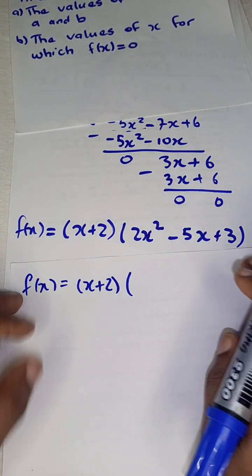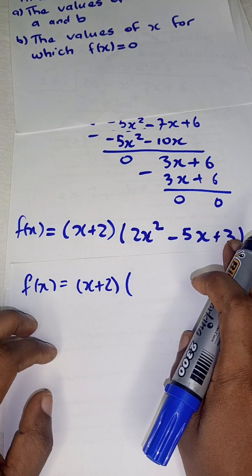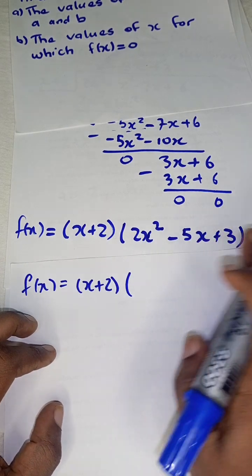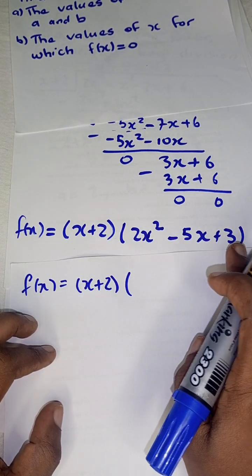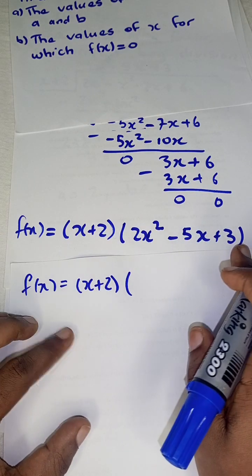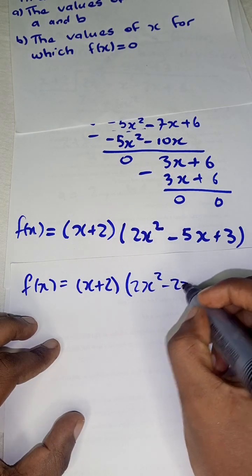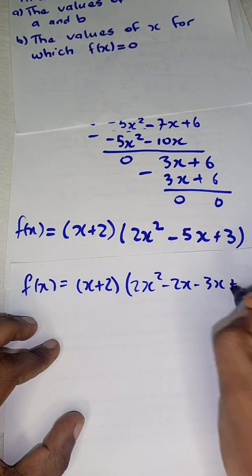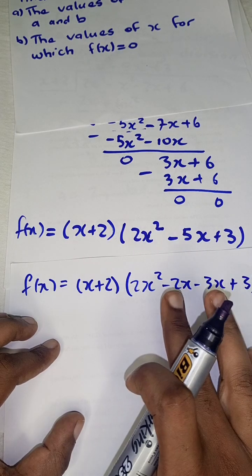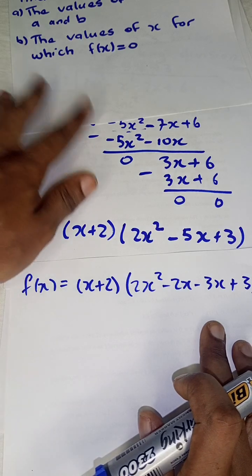Factorizing this quadratic, we are looking for factors of positive 6 which when added will give us negative 5. We have negative 2 and negative 3. So we have 2x squared minus 2x minus 3x plus 3, because negative 2x minus 3x gives us negative 5x.